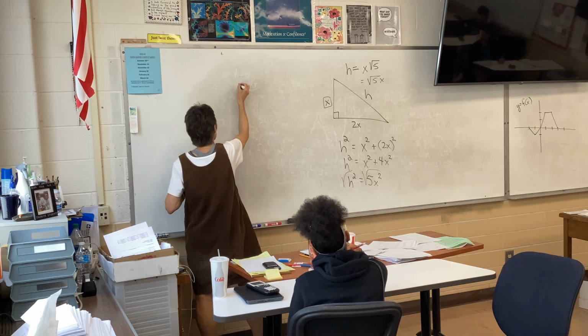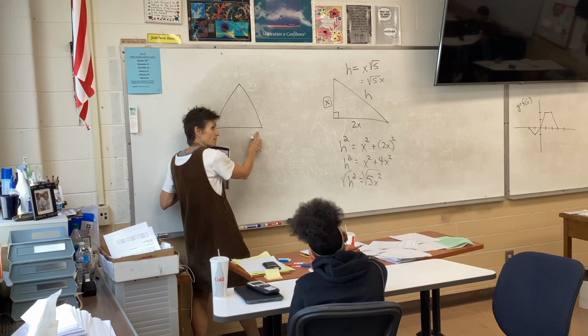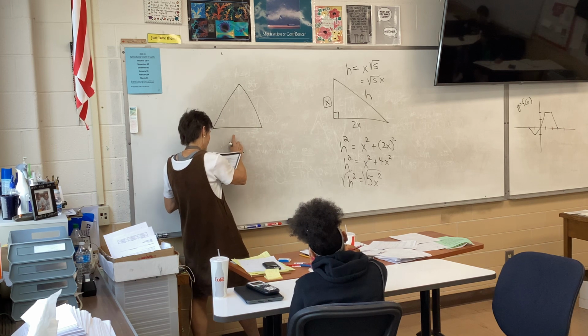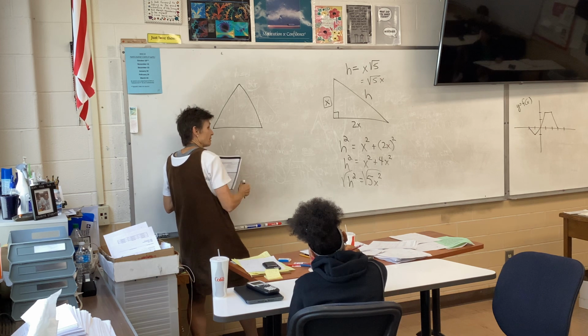Okay, 17. The base of an isosceles triangle, I have an isosceles triangle, and this is called the base, is half as long as the two equal sides. Write the area of the triangle as a function of the length of the base.